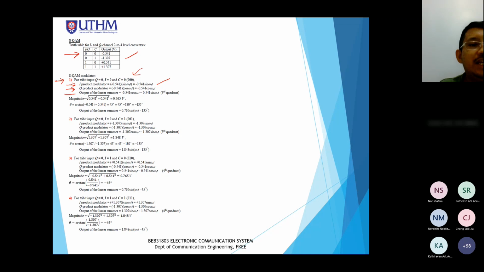And then it goes through the linear summer. The linear summer will sum both of them, sine and cos. So you see that if you sum both of these, it is located at the third quadrant. Remember, this is a cos, this is a negative cos diagram. This is a sine, this is a negative sine diagram.